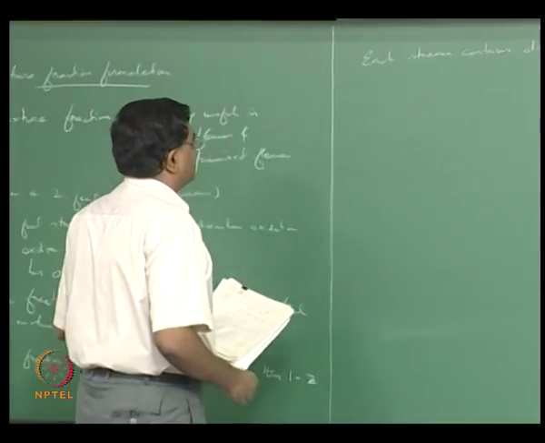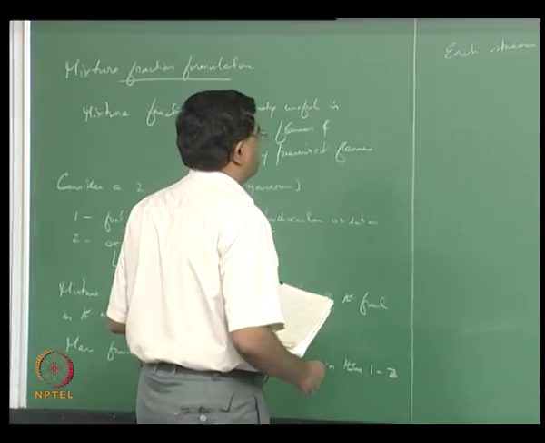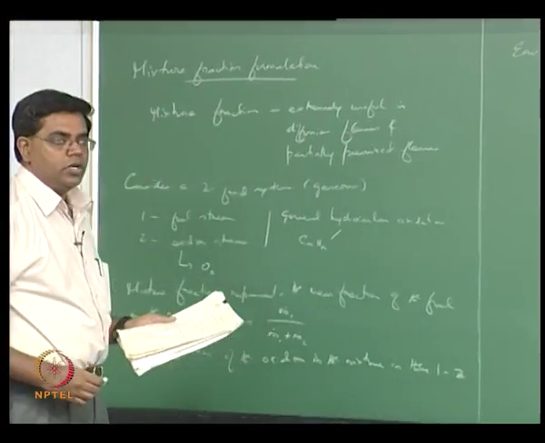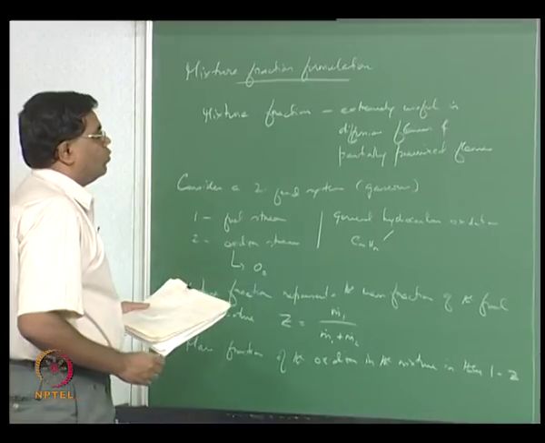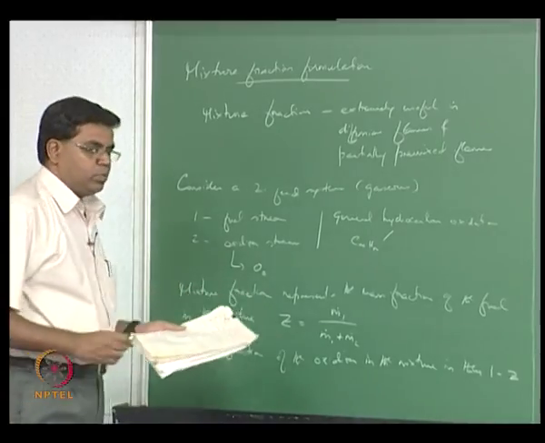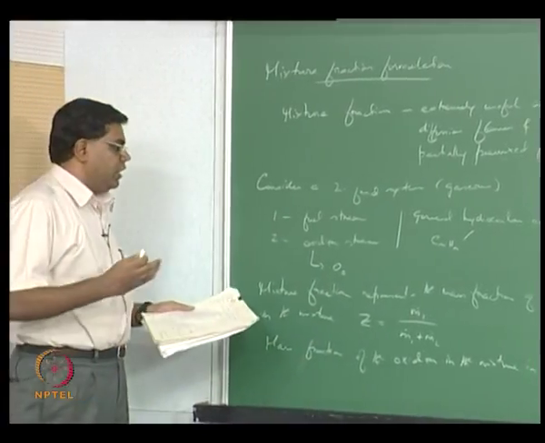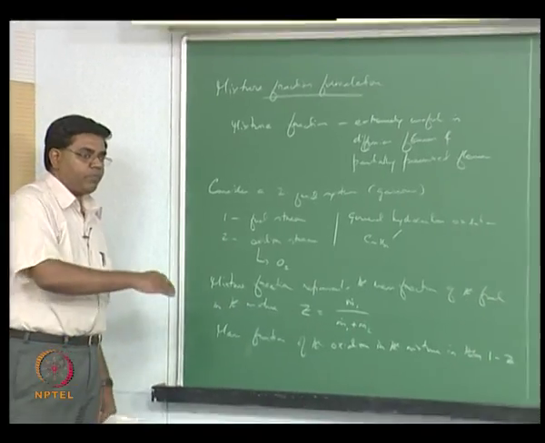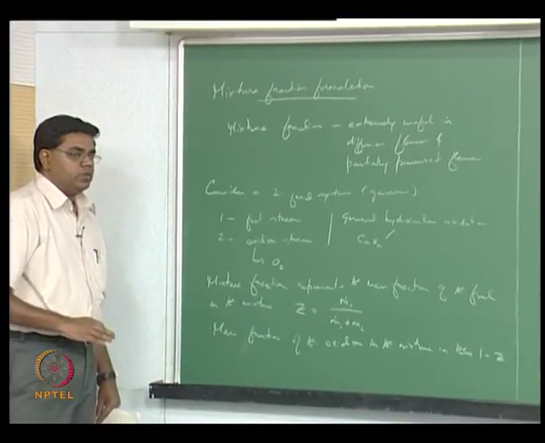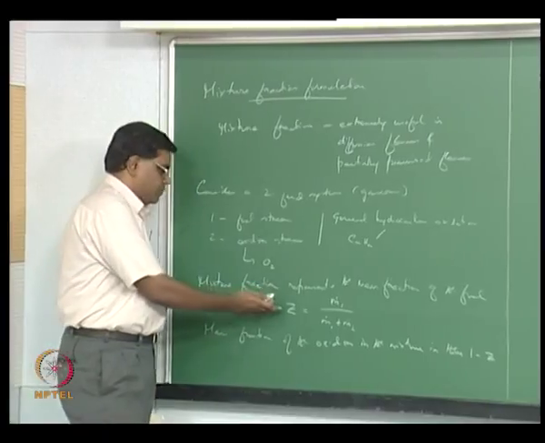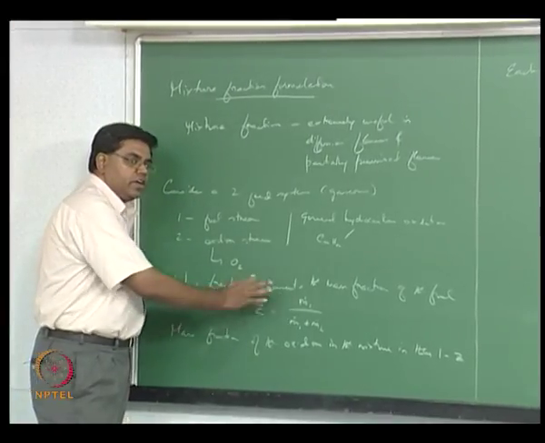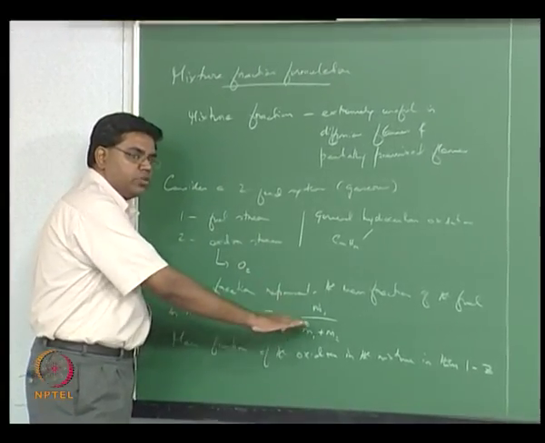Then what you are looking at is the mass fraction of the unburned fuel in the mixture. What we expect is it should be proportional to the inlet mass fraction of the fuel in the fuel stream times the mixture fraction. So the mixture fraction is a fraction of fuel when compared to the total.